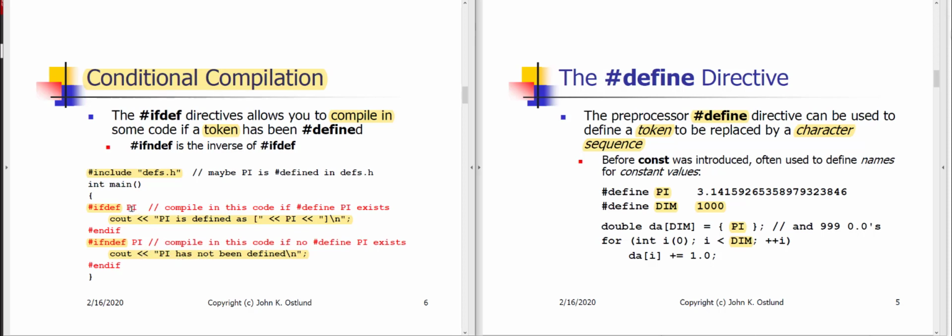Okay, so that is, if pi has been pound defined, this cout statement is passed on to the compiler. But if pi has not been pound defined, then this other statement is passed on to the compiler. So we can use ifdef and ifndef to select which lines of code should be passed on to the compiler and which lines of code should not.